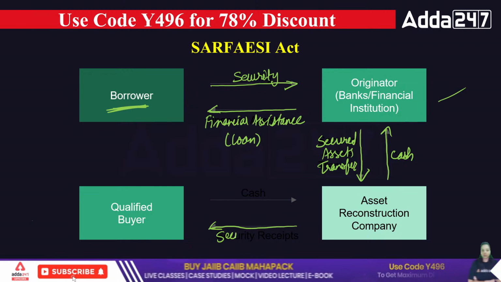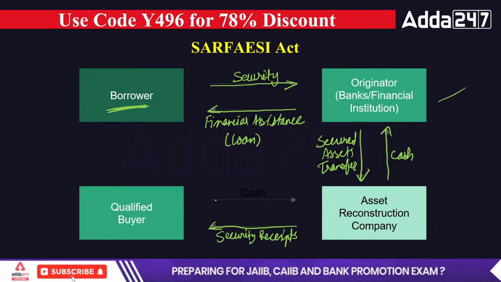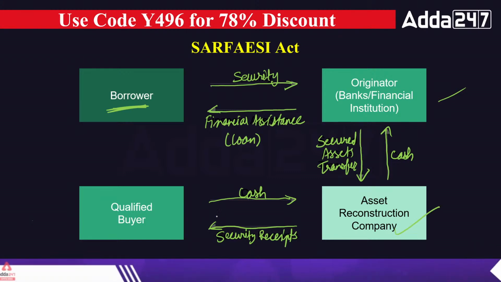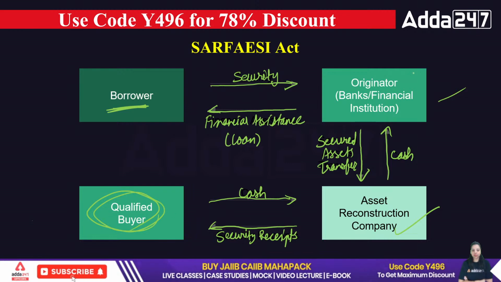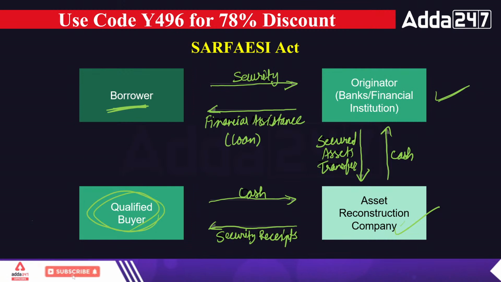So the securitization ARC will provide the security receipts, the bill of that particular property, to the qualified buyer, and the qualified buyer will give the cash to the asset reconstruction company. This is how ARC also earns money. Okay. So at last, the borrower's property has been given to another qualified buyer, and the recovery of the bank's NPA and the recovery of ARC's investment has been done.